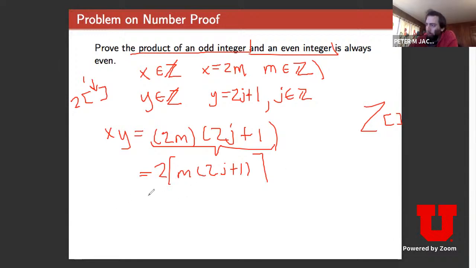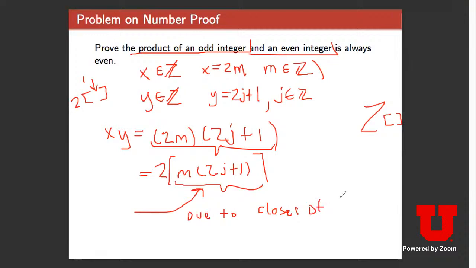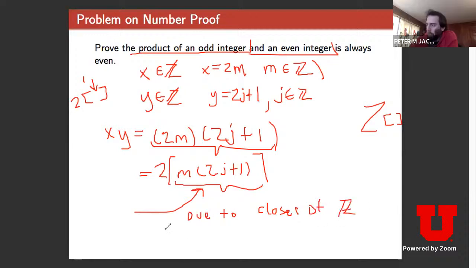Let me just write that out right here. We need to be able to say that this thing is an integer, and we can, due to closure of the integers, closure of Z under addition and multiplication.